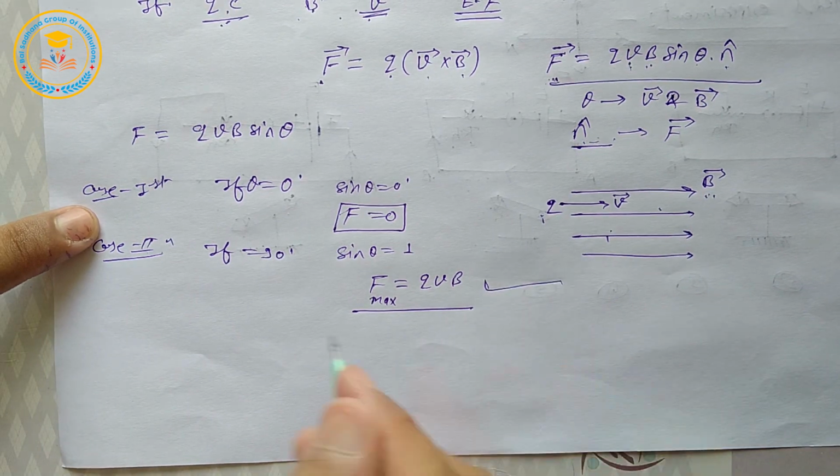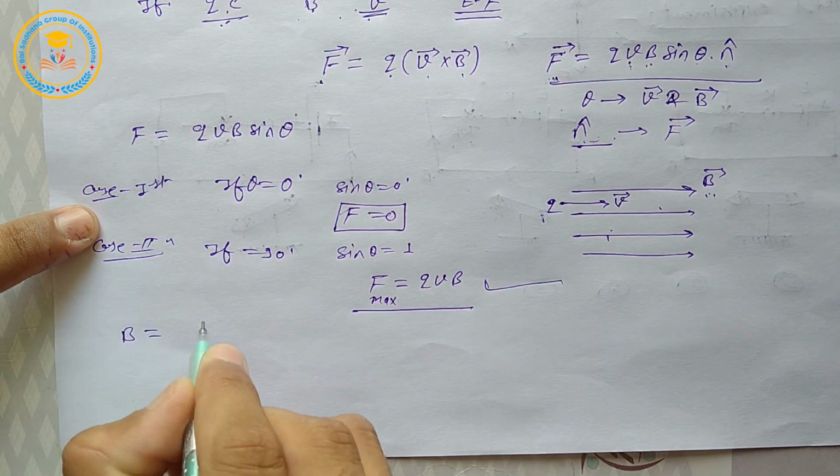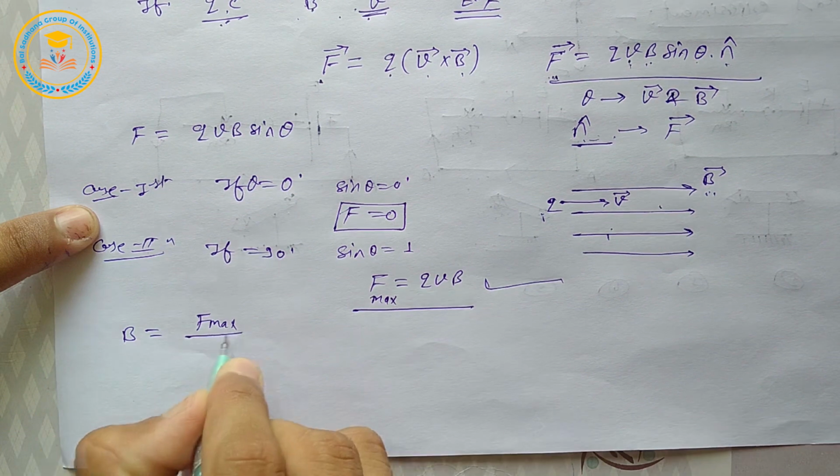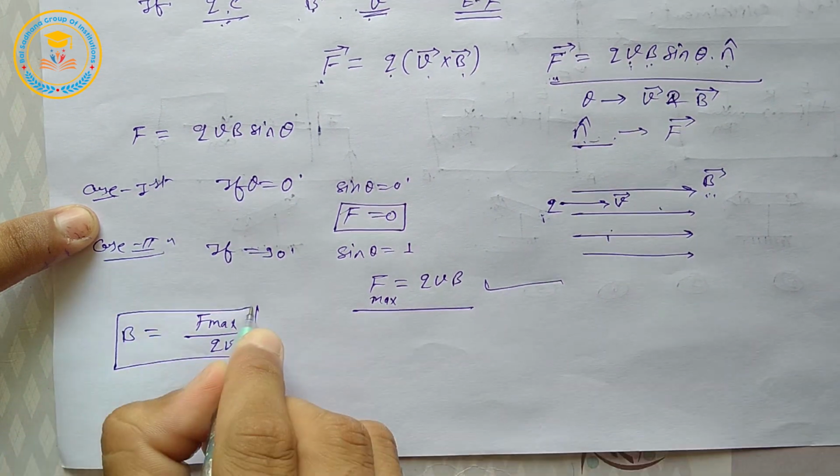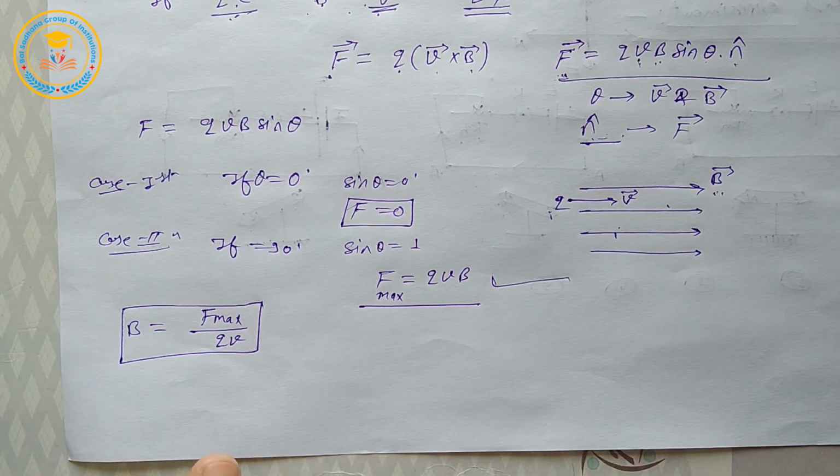From this equation, B is equal to F maximum upon qv. From this equation, we will obtain a definition of a magnetic field.